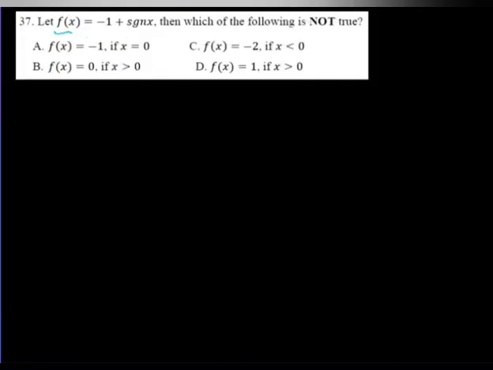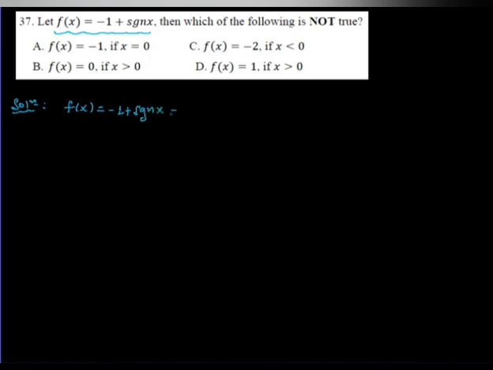Okay, let f of x be minus 1 plus sgn of x. Then which of the following is not true? The given function is f of x equals minus 1 plus sgn of x.